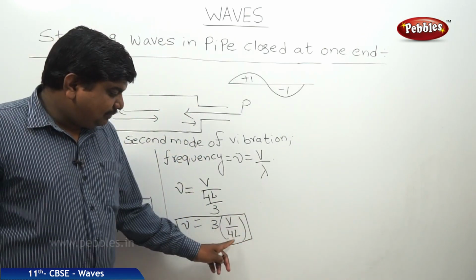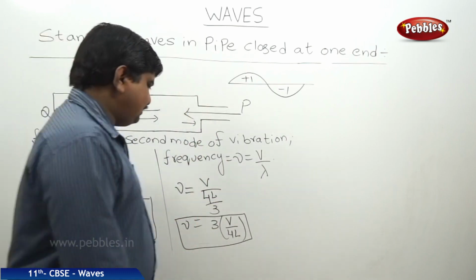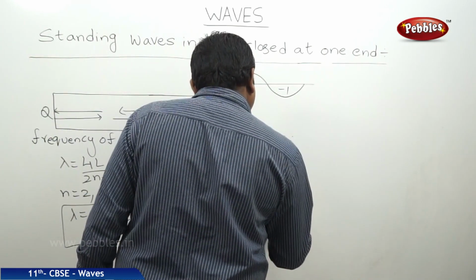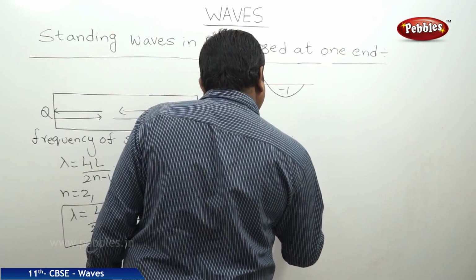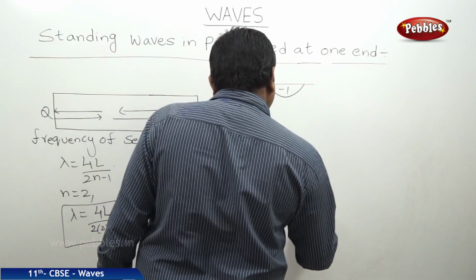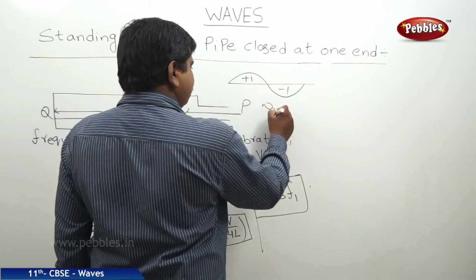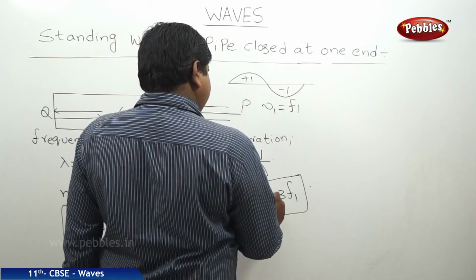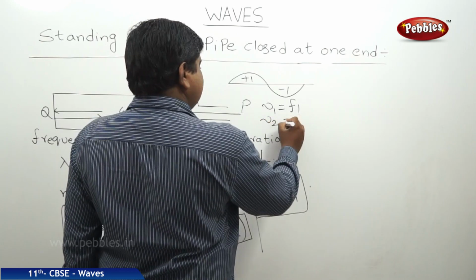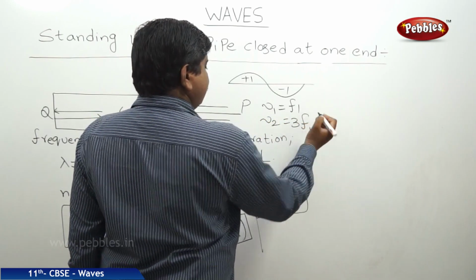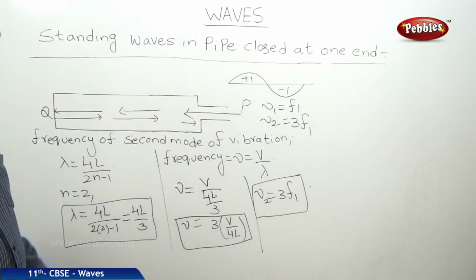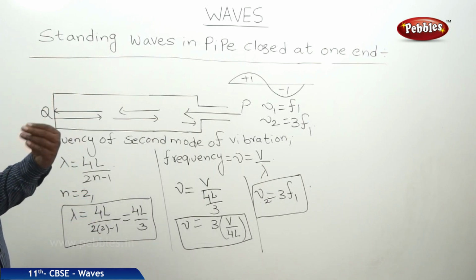But we can say that V by 4L is the fundamental frequency. Therefore, here nu is equal to 3f1. Nu 1 is f1. Nu 2 is 3f1. That means, what is the meaning of this fundamental mode and second mode of vibration?